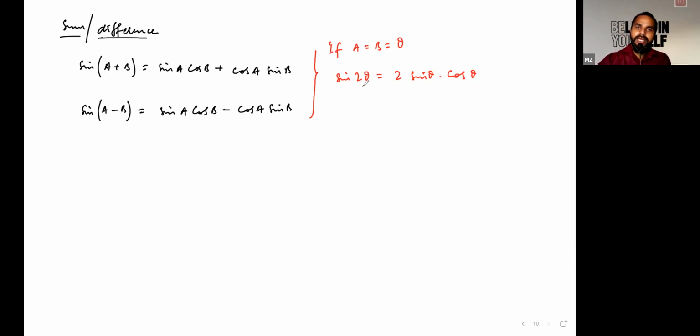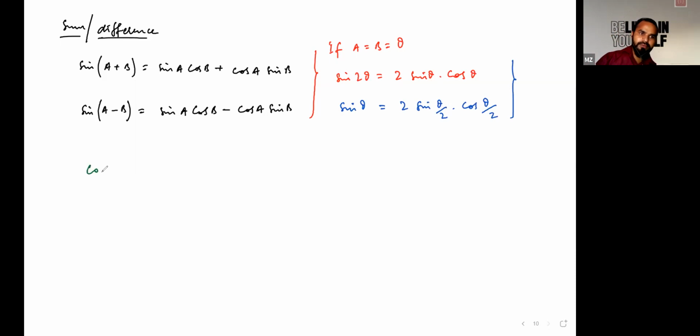Now just see, we have sine 2 theta here, and in this part we have theta and theta only. So from this we can write, if you have only sine theta, then it will become 2 times sine theta by 2 and cos theta by 2. Just remember this whole formula.